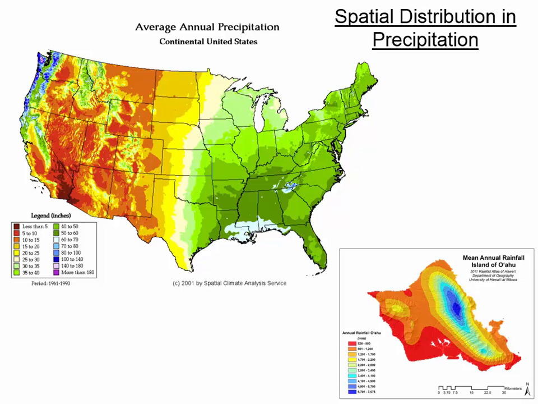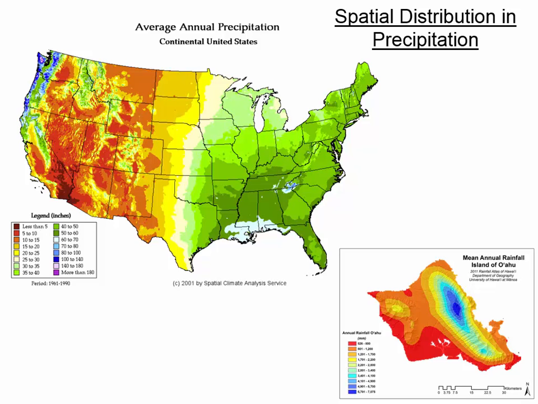It's showing the rainfall on Oahu, which is one of the islands of Hawaii. And we're going to talk in more detail on why there's so much of a variation, but if any of you have been to Hawaii, you know that it's very green and tropical on this side of the island, but then on this side of the island, it's almost like a desert, actually.